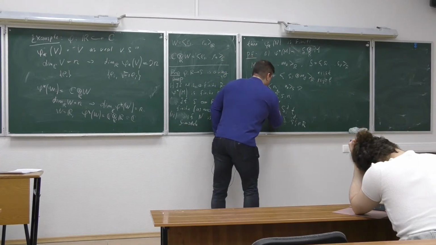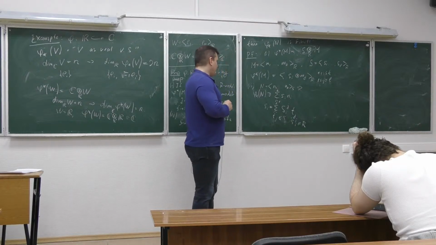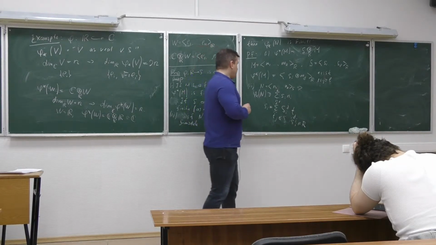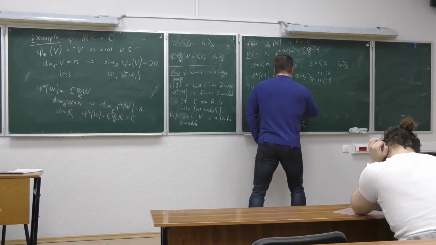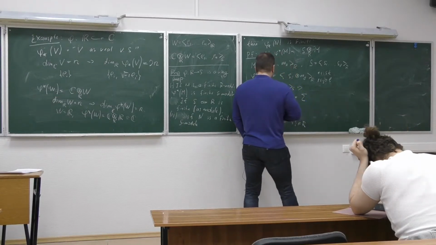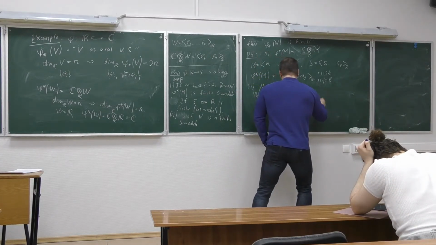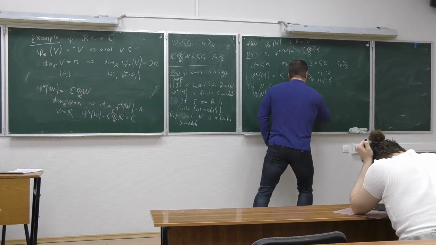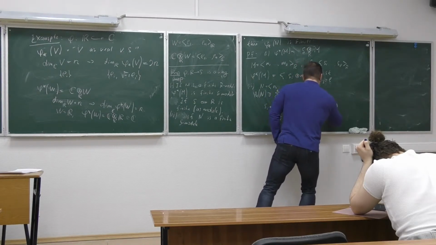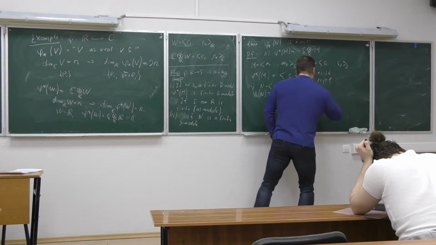Of course, the summation over j is finite. So I can present every element as a sum of r_ij t_j n_i.